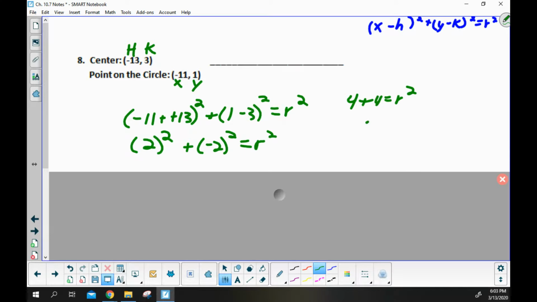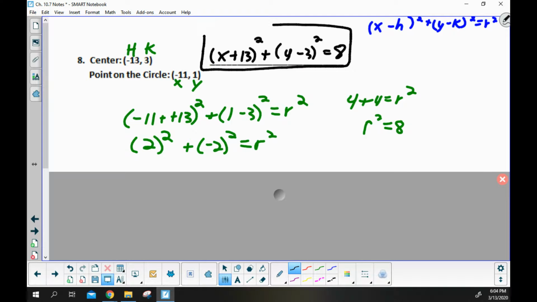So r squared is equal to 8. So now I can write my formula. X minus negative 13, which would be plus 13 squared, plus y minus 3 squared equals my r squared, which is 8. And there is my answer.